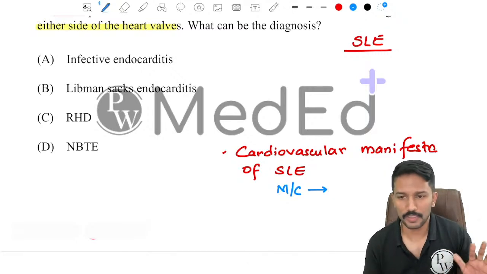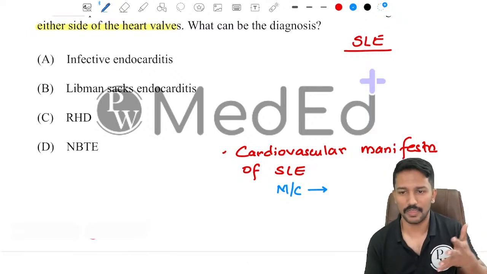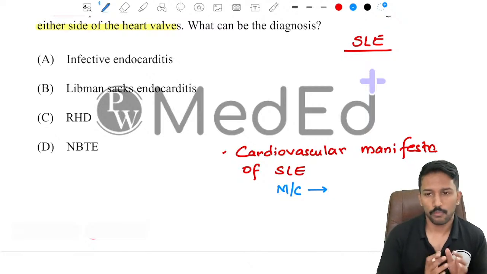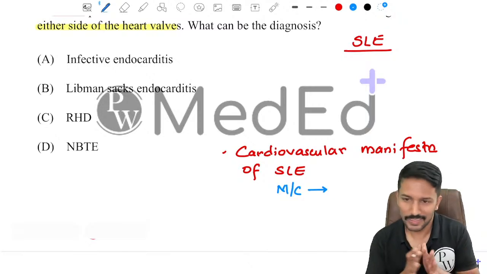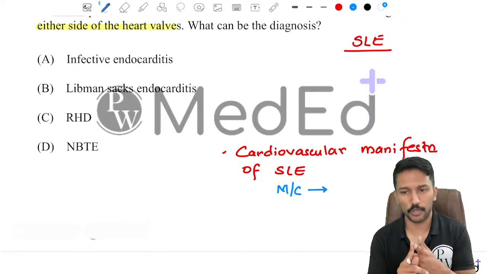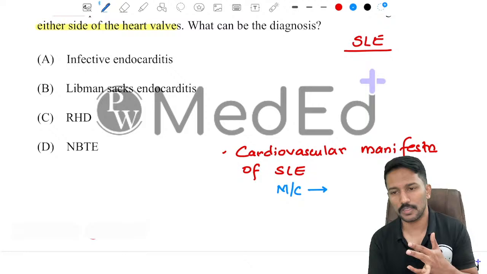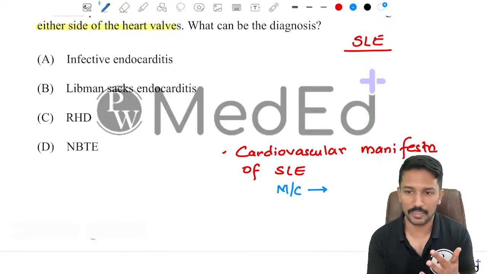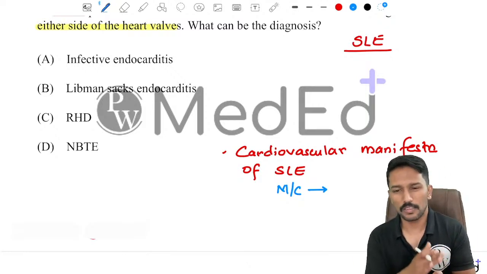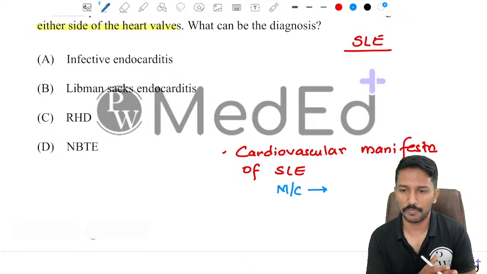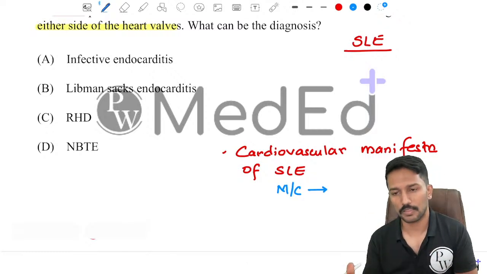Yes, all of your answers are right, but there are a few more points to learn about SLE and heart. The most common cardiovascular manifestation of SLE is not endocarditis. In all rheumatological disorders, please remember, whether it is rheumatoid arthritis, Sjogren's syndrome, systemic sclerosis or scleroderma, or SLE, the most common cardiovascular manifestation would be pericarditis.